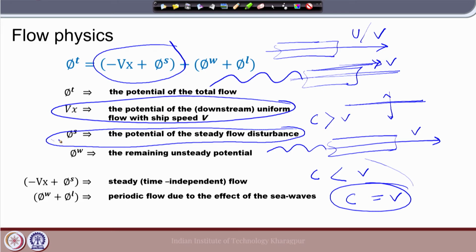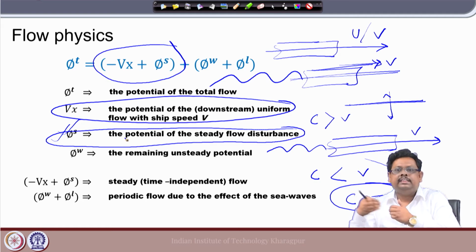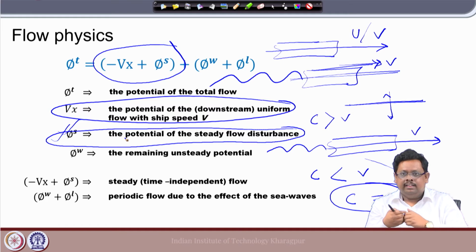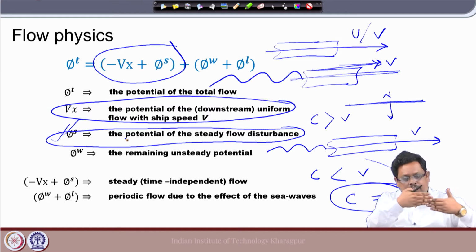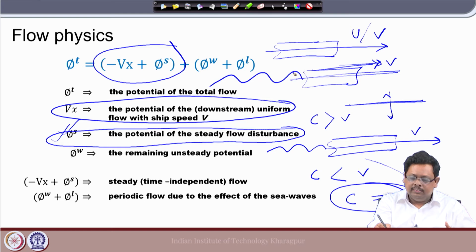Here this term is coming, it is a time independent flow, we can call that the steady waves. Okay, why is it steady? Because the velocity of these waves and the velocity of the ship are both the same. Now I am moving this ship, and downstream we can create a lot of waves.